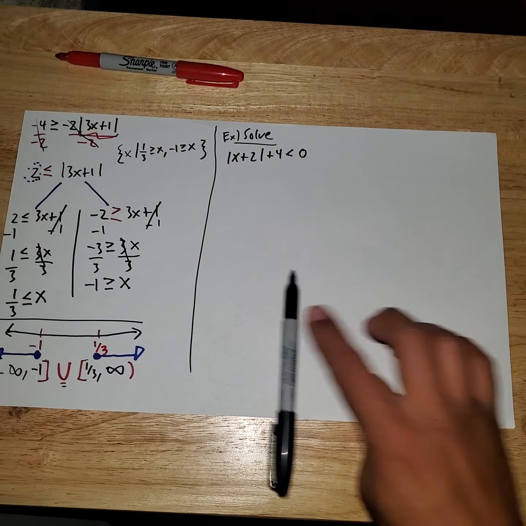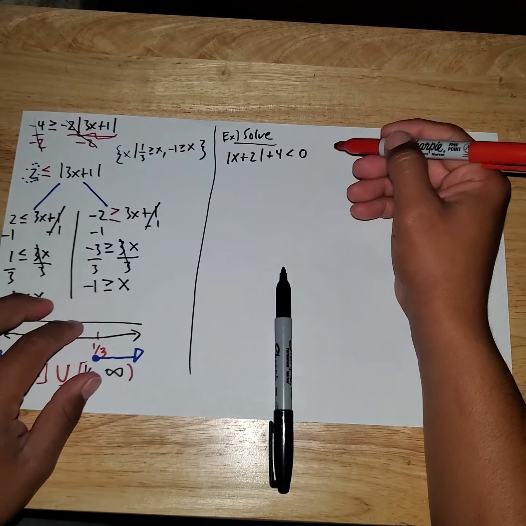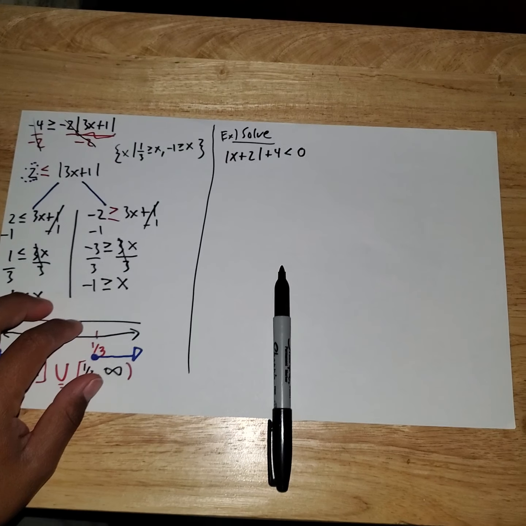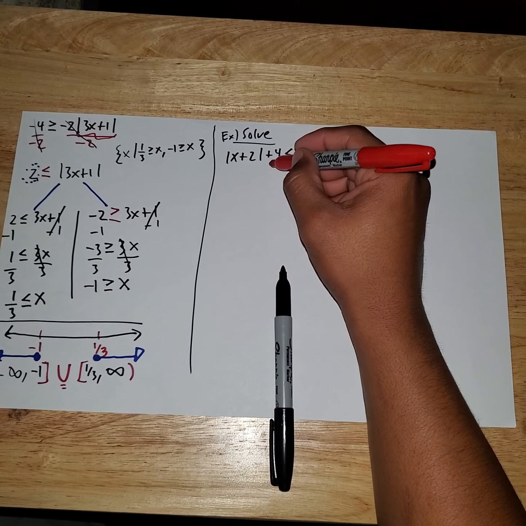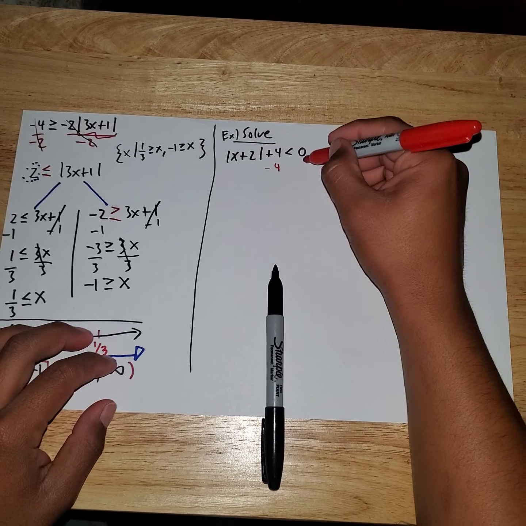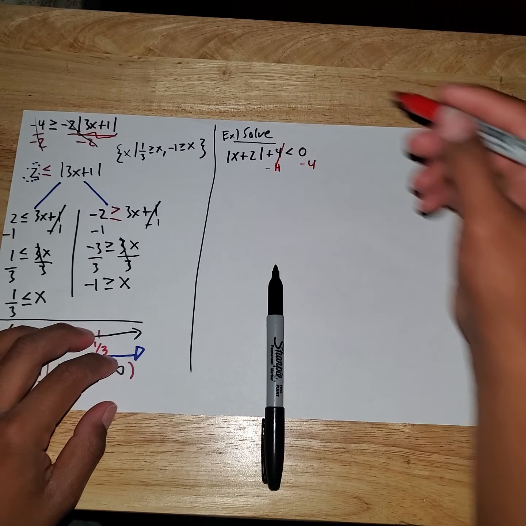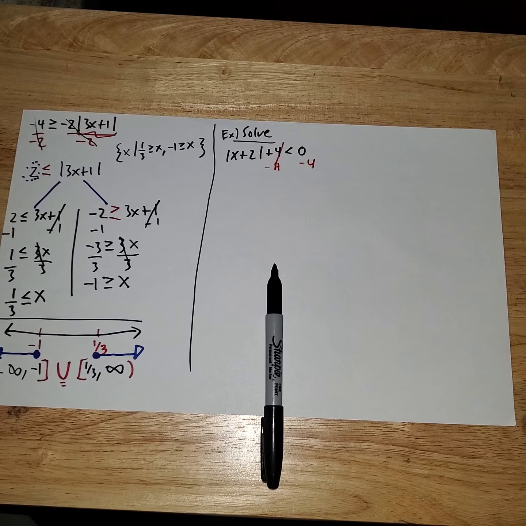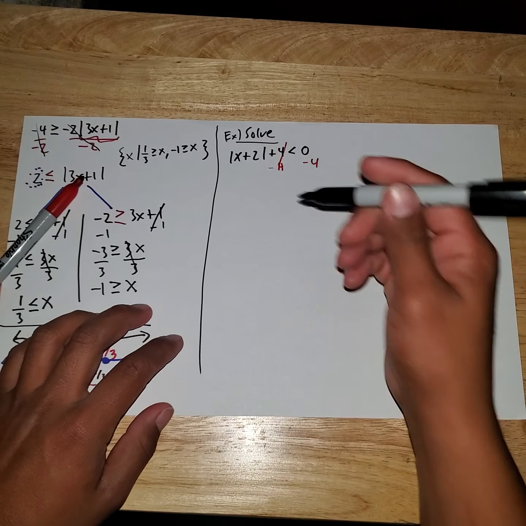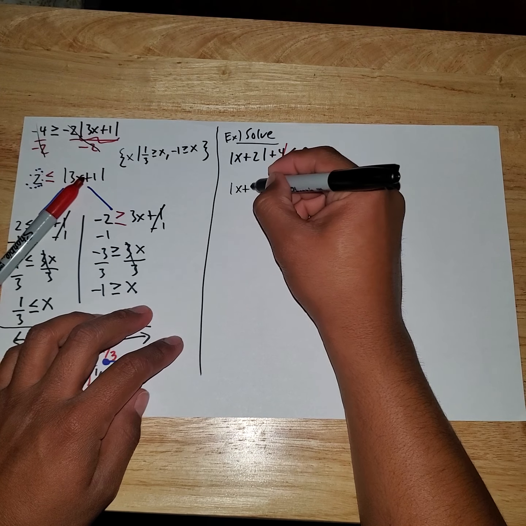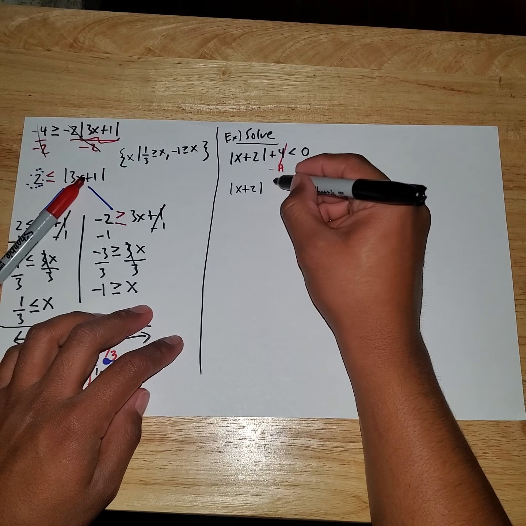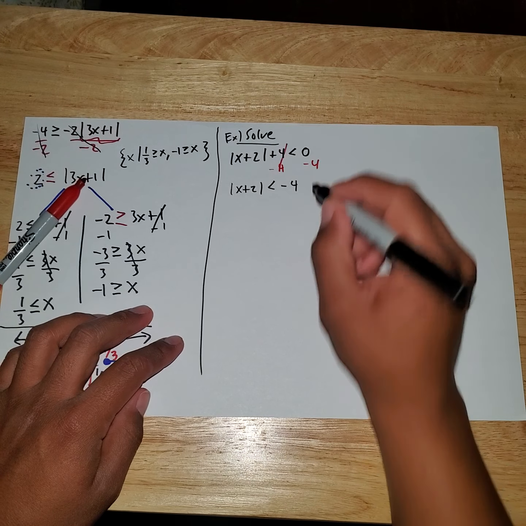Alright, so remember, we need to isolate the variable first. So let's subtract 4 from both sides. This cancels. When that cancels, you're left with x plus 2 less than -4.